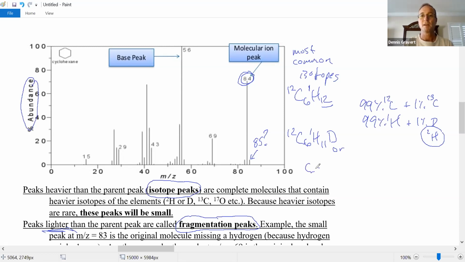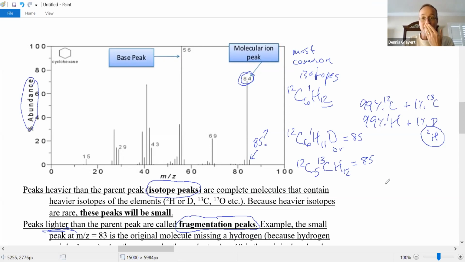Or maybe there's 5 carbon-12s and there's a carbon-13 in there for 6 total. So I know that's a weird looking chemical formula, but the idea is that among the atoms of carbon and hydrogen, every once in a while you get one with an extra neutron in it, a C13 or a deuterium atom, and that's going to weigh 1 more mass unit because of the extra neutron. It's going to weigh 85 mass units.